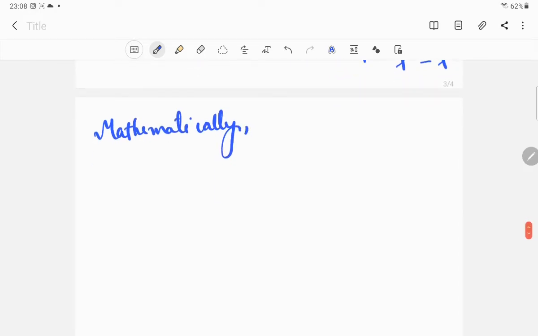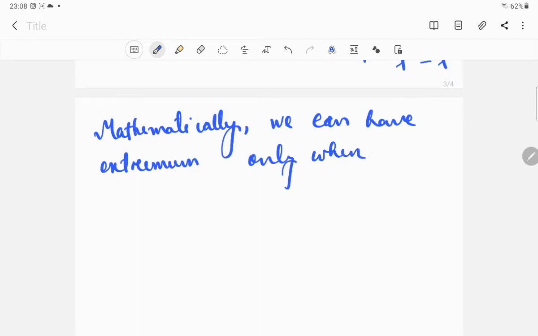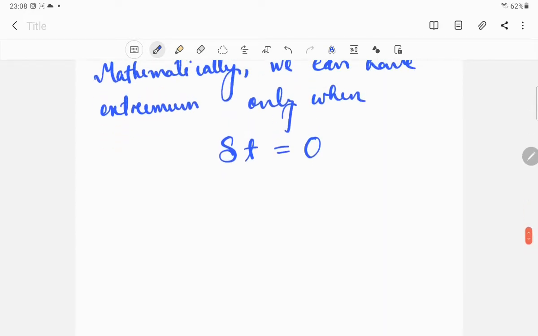Mathematically, we have an extremum only when del t is equal to 0. This is mathematics, you know about it.